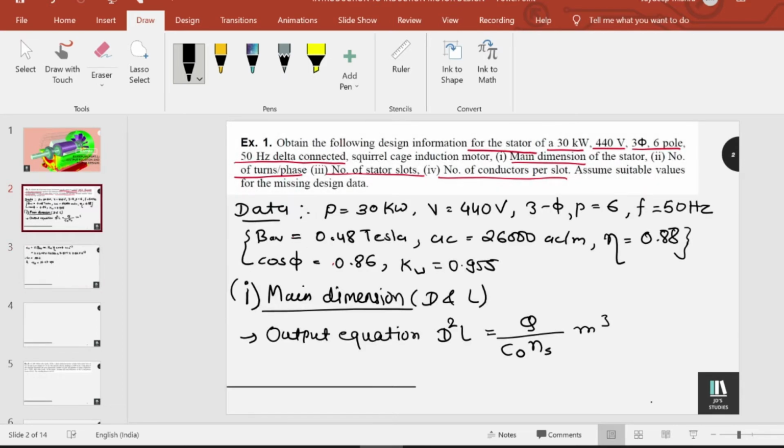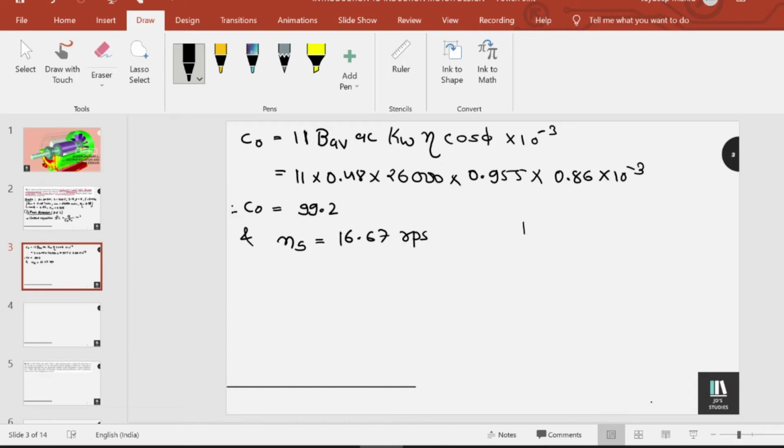We have a frequency, so we get the speed as 120 f by P. Frequency is 50 and number of poles is 6, so we get 1000 RPM. 1000 RPM is converted into RPS, and we get 16.67 RPS. That's how we get the value of Ns in RPS.